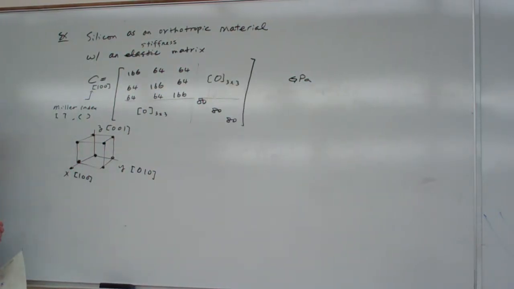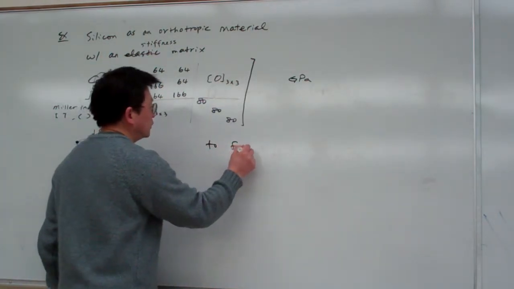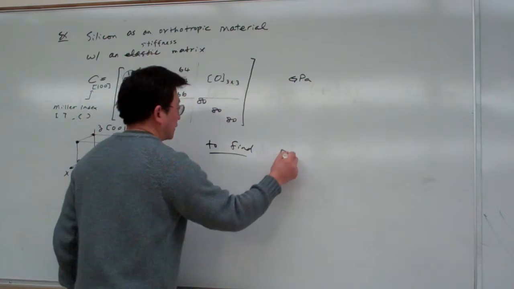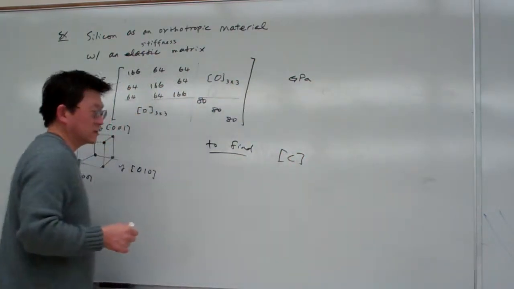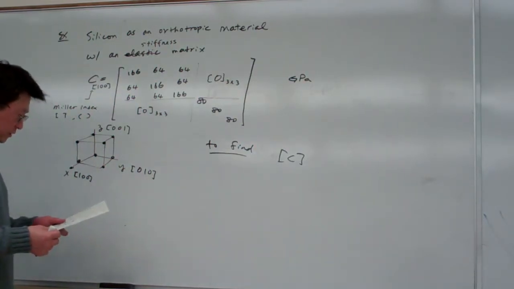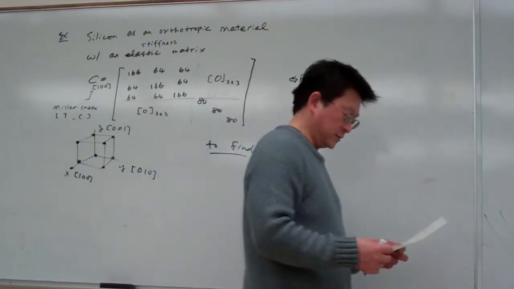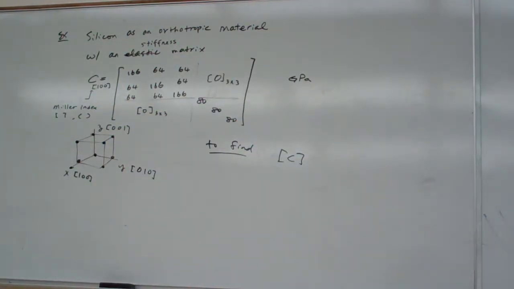Okay, and now we want to calculate these stiffness matrix in different orientations, and in specific, I want to find out that orientation in my calculation, that will be 1, 1, 0.